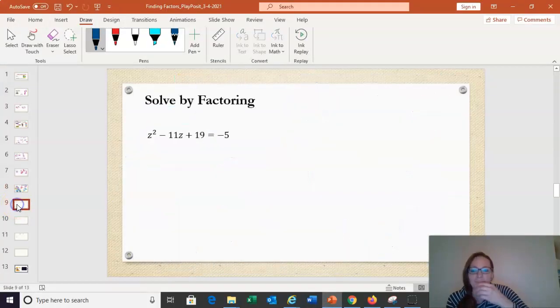Let's try another one. Solve by factoring. So you can see this one looks a little bit different. The main difference here is, look, we have a -5 on the right-hand side. Well, in order to start solving, it must be equal to 0.